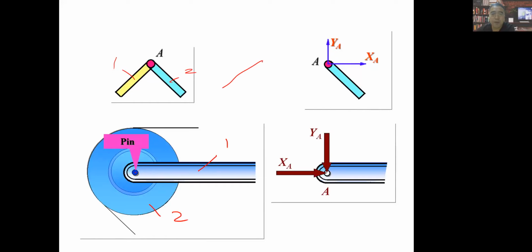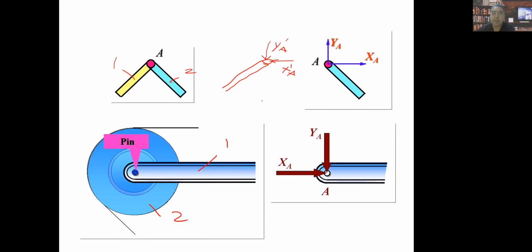So if we also try to analyze body 1 here, you guys are highly recommended to draw XA prime here and YA prime here. Why should we draw like this?